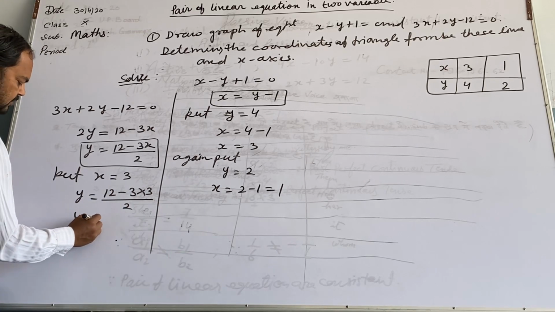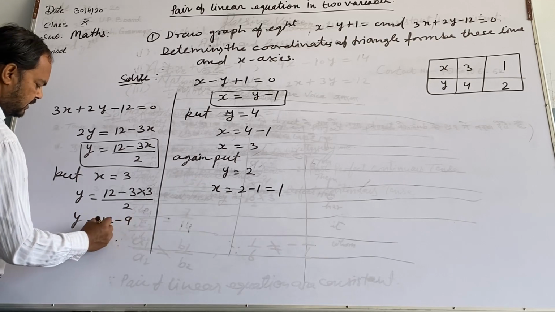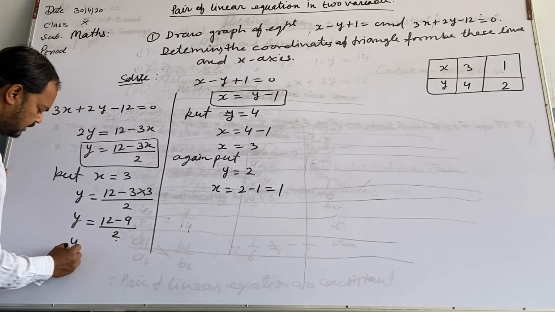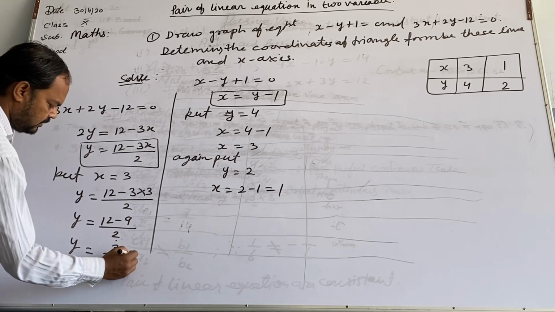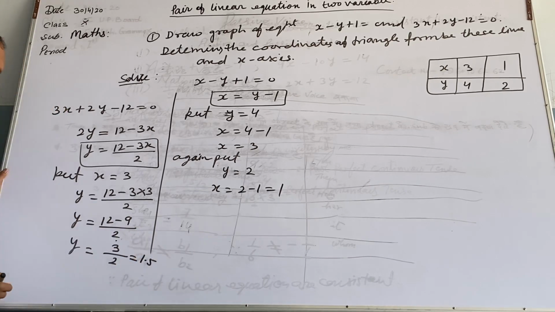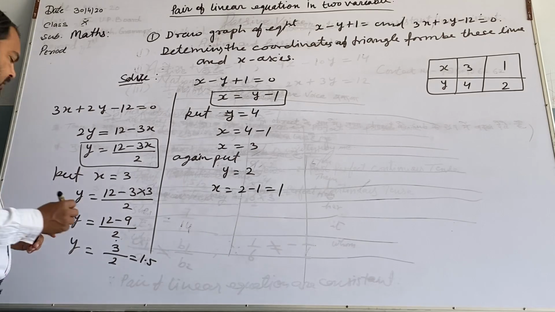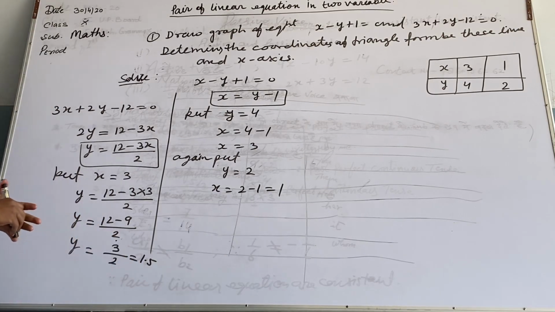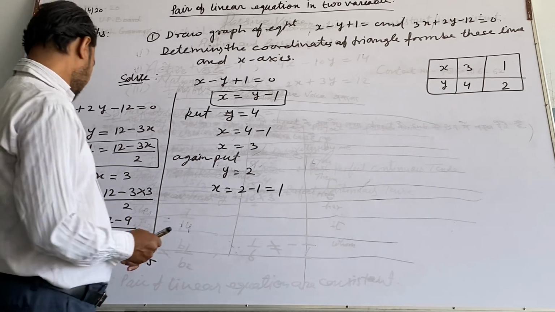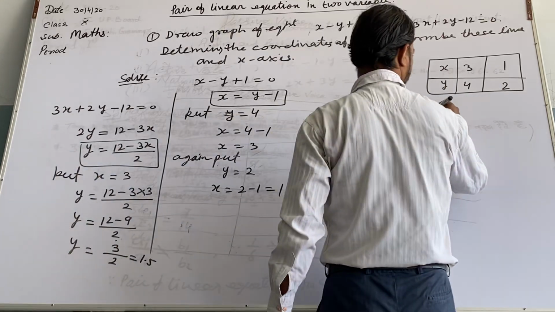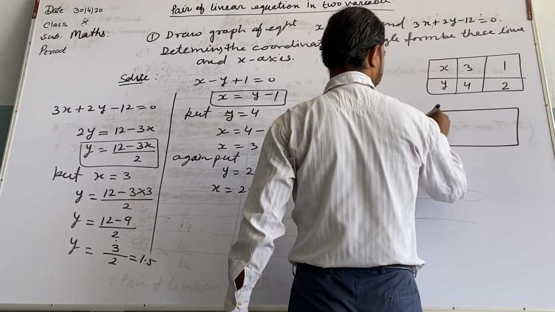This will give you y equal to 12 minus 9 upon 2, that is 3 upon 2, that is 1.5. You can take this value 1.5, right? Now x equal to 3, 3 threes are 9, 12 minus 9 is 3, and then 3 upon 2 is 1.5.